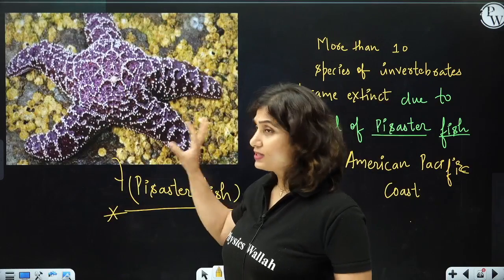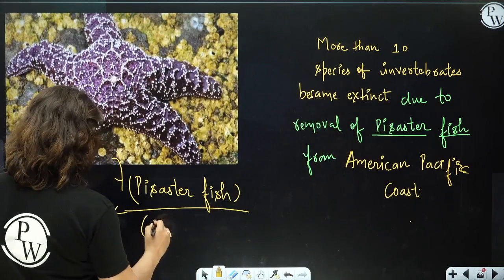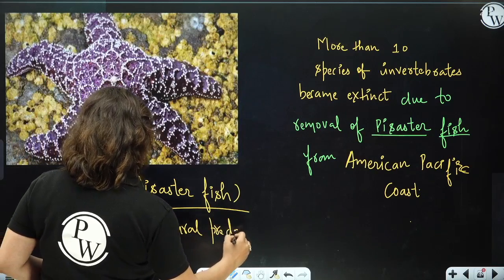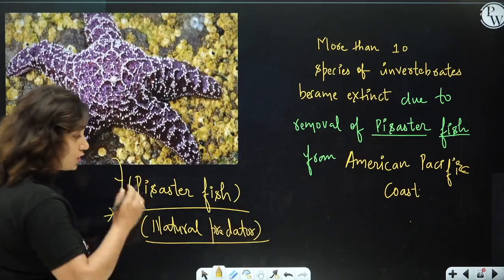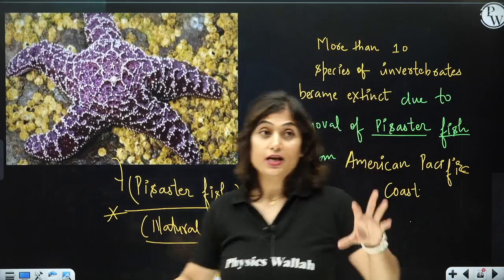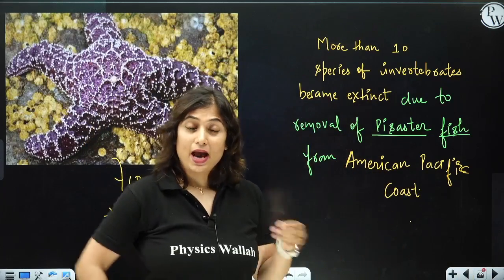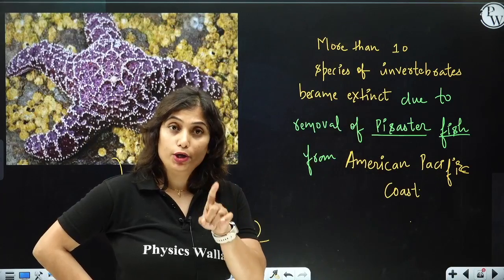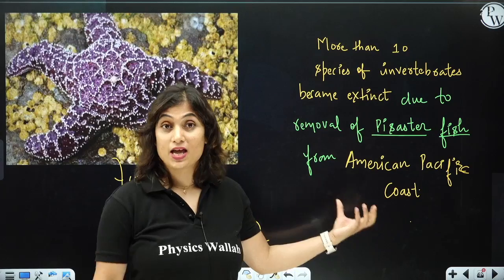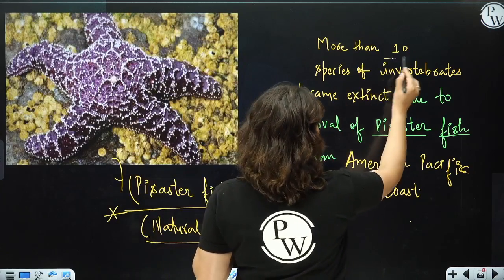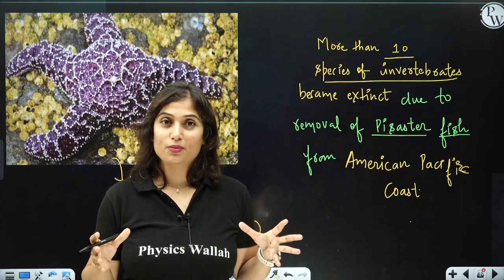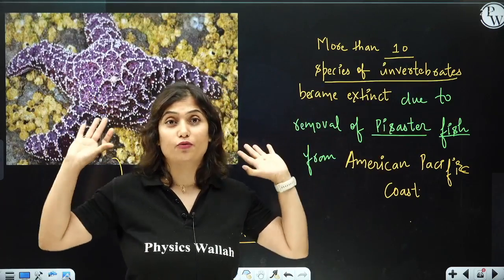Deliberately, this Pisaster fish, which is a natural predator, was removed from the American Pacific coast, and it was observed that due to the removal of this Pisaster fish, there was extinction of 10 species of invertebrates. 10 species of invertebrates were gone, extinct from that area.